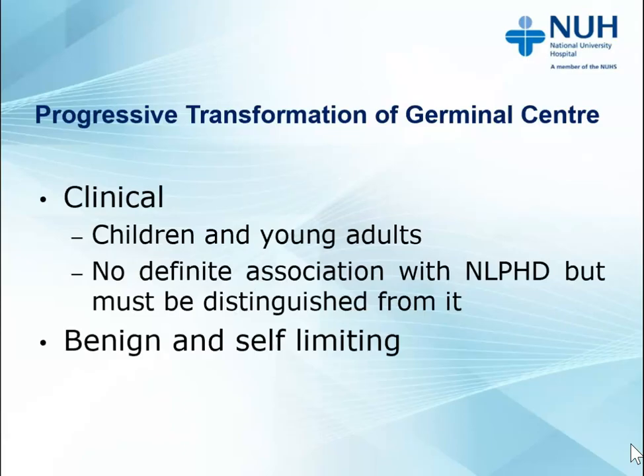PTGC tends to occur in children and young adults when follicular hyperplasia is common. It is not associated with nodular lymphocyte predominant Hodgkin lymphoma, but must be distinguished from it. Unlike nodular lymphocyte predominant Hodgkin lymphoma, PTGC is a reactive phenomenon and is completely benign and self-limiting.